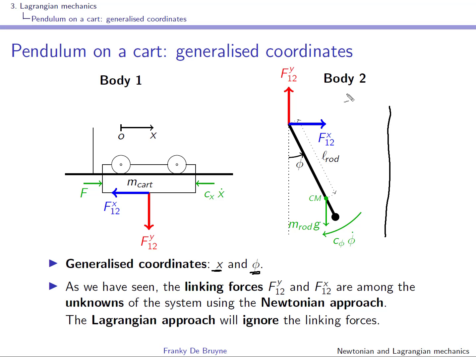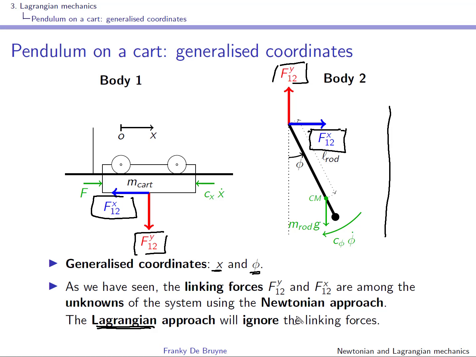And this is something that I've drawn for the Newtonian approach. And in this Newtonian approach, you see these linking forces appearing, right? And it was kind of annoying and tedious. We had to eliminate them. You will see that in this new approach, the Lagrangian approach, these linking forces will never appear.